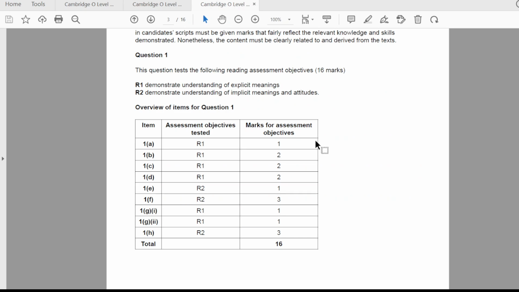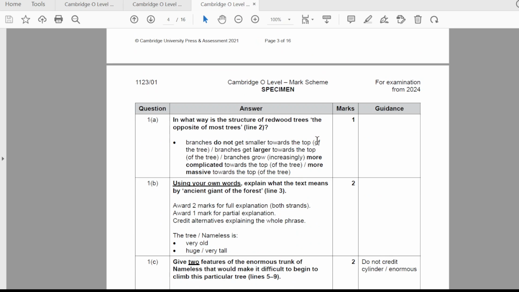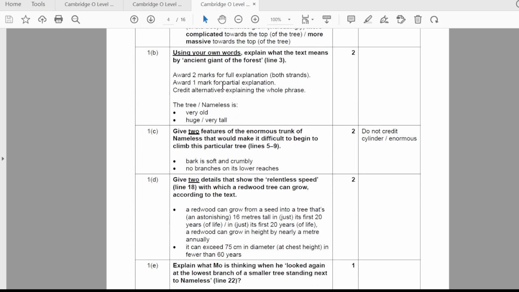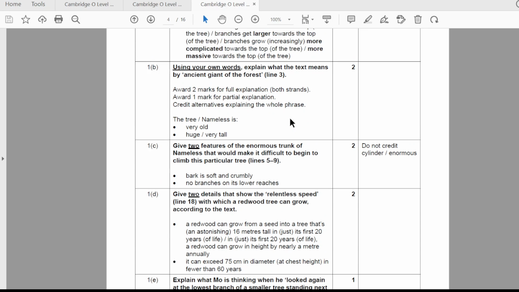Now, these are the actual answers. As you can see, for example, Cambridge mentions over here award 1 mark for partial answer, 2 marks for full explanation, and credit alternatives explaining the whole phrase. So ancient giant of the forest, and this is the expected answer.